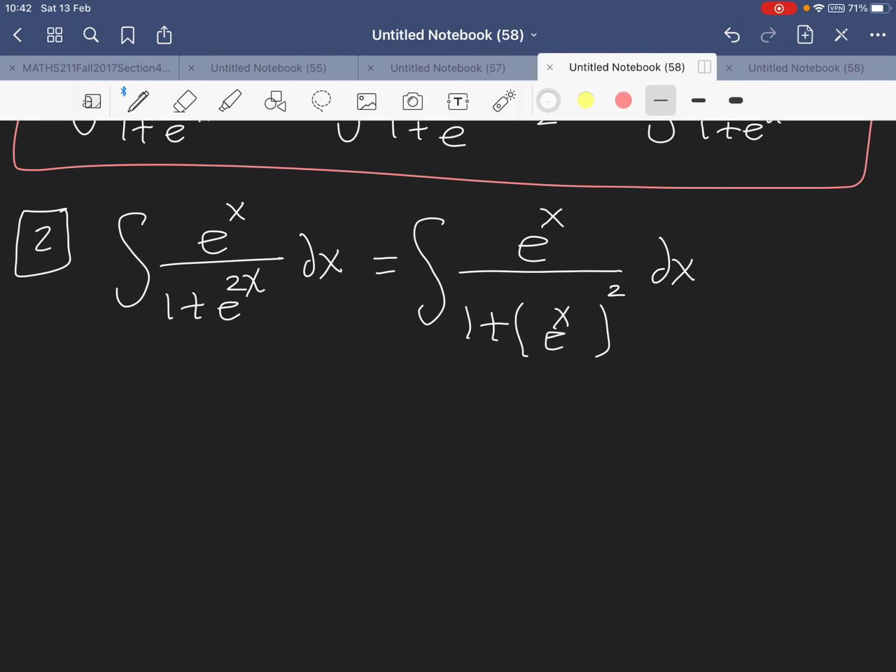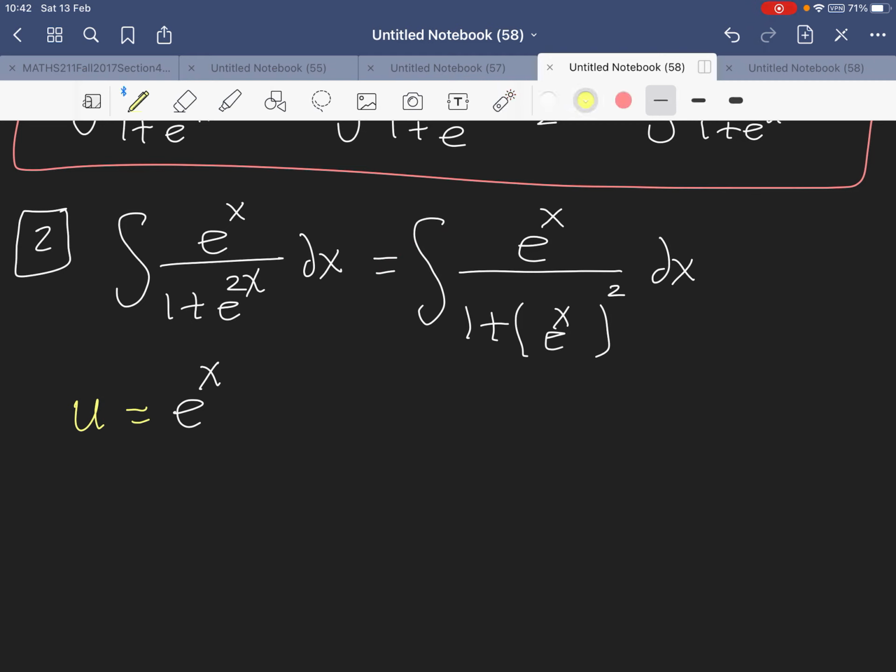It's the same, because if we have e^x to the power 2, the 2 and x get multiplied together, and we get back to e^(2x). And now I'm sure that if we use the substitution u equals e^x, this is a good one. Why is it a good one? Because the derivative is e^x again, which is already here.